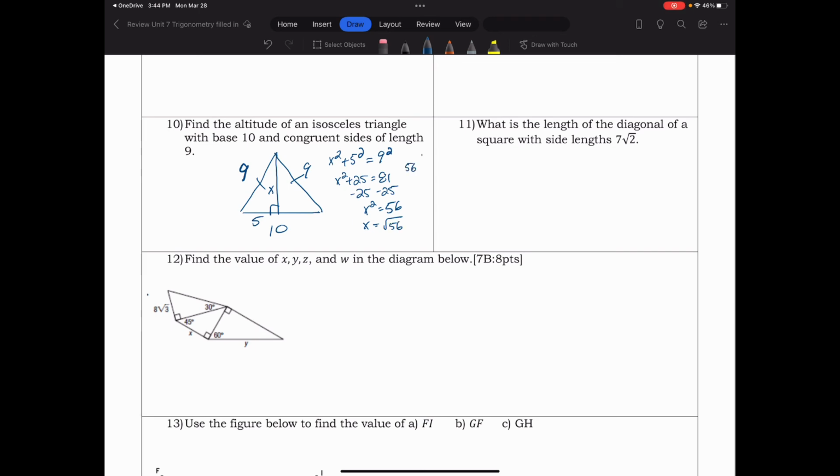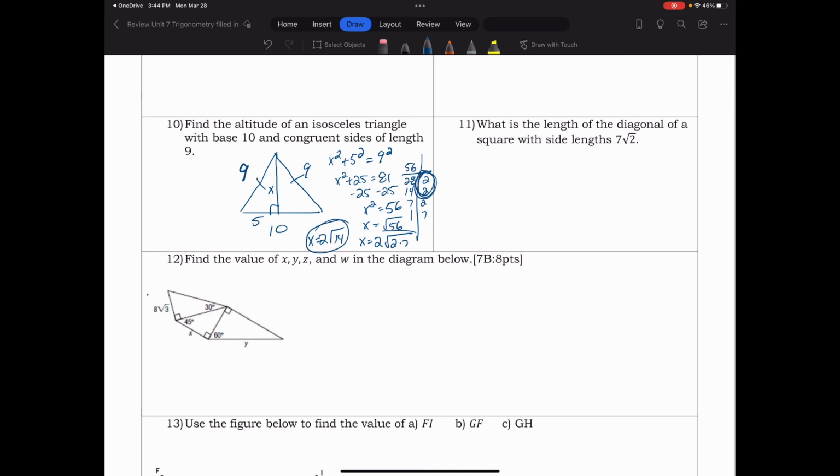And I simplify. 56 divided by 2 is 28. 28 divided by 2 is 14. 14 divided by 2 is 7. 7 divided by 7 is 1. I know this represents a 4. The square root of 4 is 2. That's the only perfect square that's in 56. And then what's left over is a 2 and a 7. So x is equal to 2 radical 14.